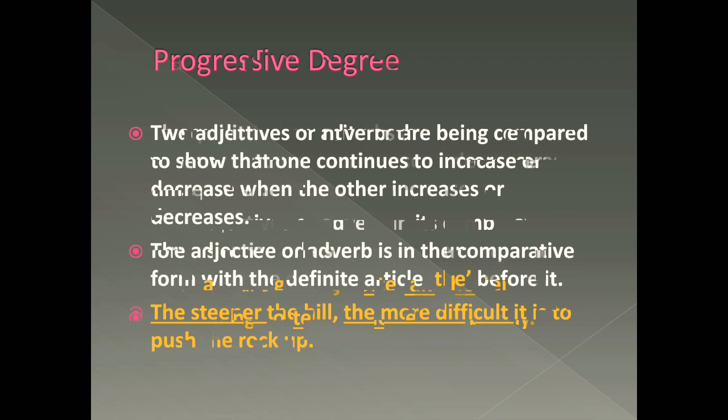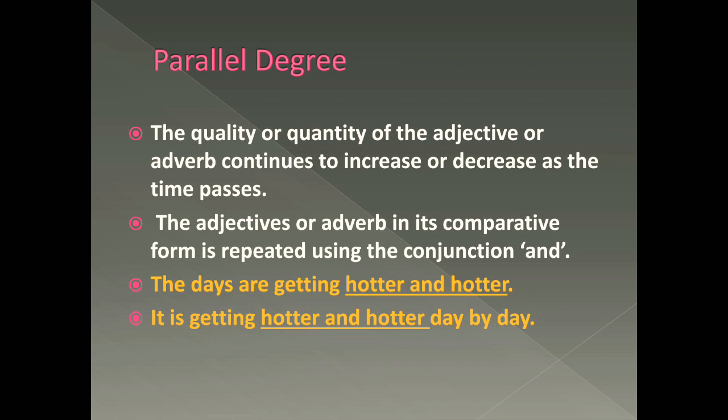Next, parallel degree. The quality or quantity of the adjective or adverb continues to increase or decrease as the time passes. The adjective or adverb in its comparative form is repeated using the conjunction and. In case of parallel degree, we will repeat the adjective or adverb in its comparative form.